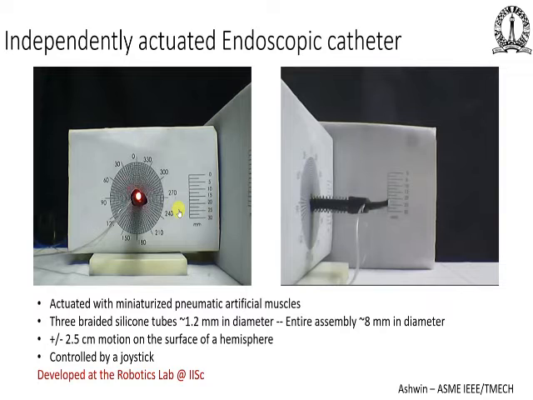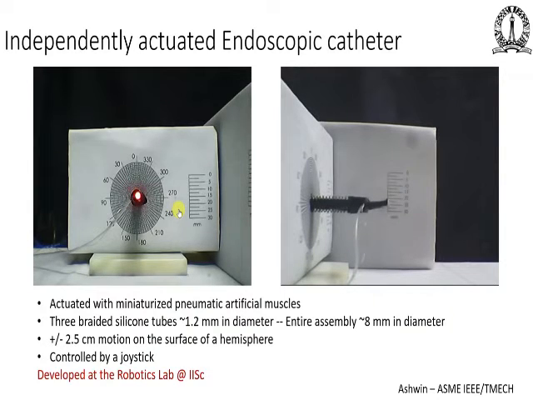I've discussed this earlier. At the end of an endoscope, we put this device and then we can independently actuate it so that we can visit different points inside the stomach. At the end of this device where this LED is, you could have something else, a grasper or a scissor which you can articulate to take samples.